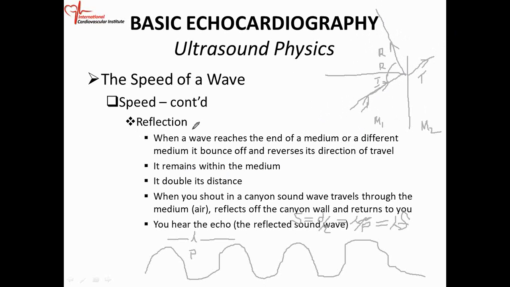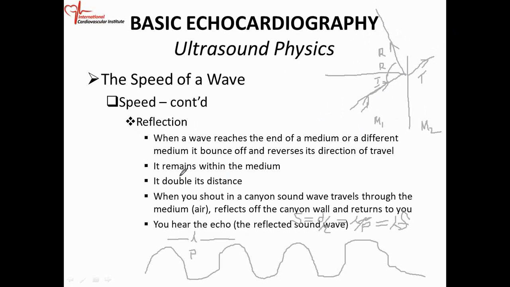So you see that when we talk about the distance, it is actually double the distance. It's going to travel a certain length to get to the heart tissue, and then it's going to travel that same length to come back to the transducer.